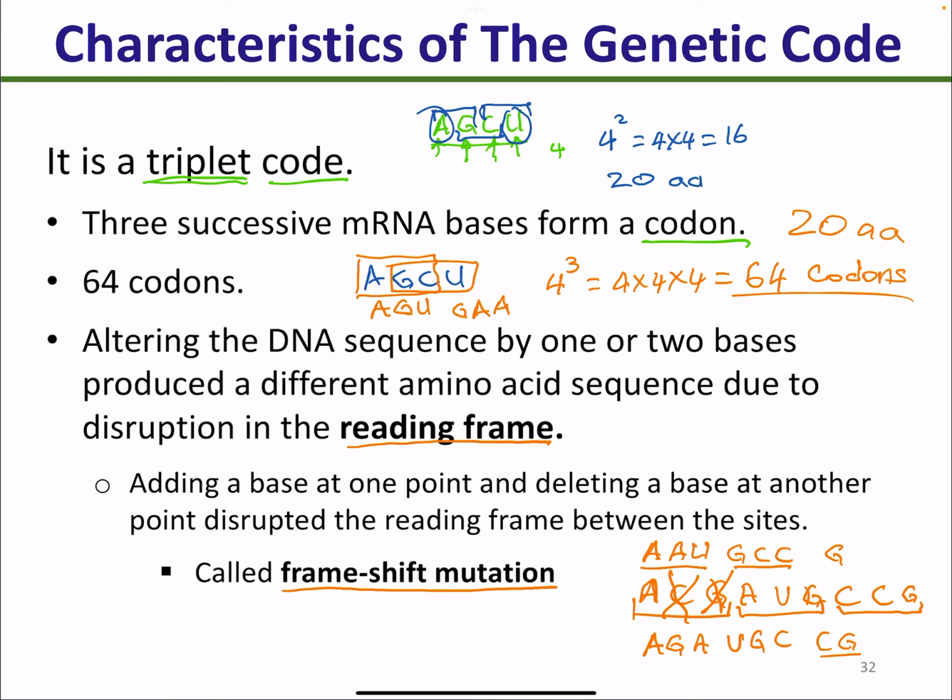So that is a frame shift mutation, right? Whether you are losing some nucleotide or adding some nucleotide, you are going to experience a shift in the frame. All right? That is very important to remember. That's why mutations are very bad when it comes to the integrity of the proteins that are produced when a gene is expressed. Okay?